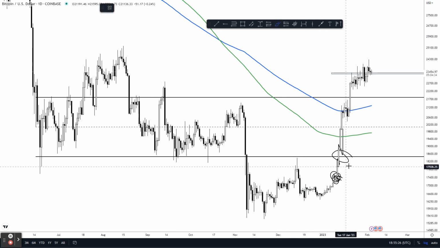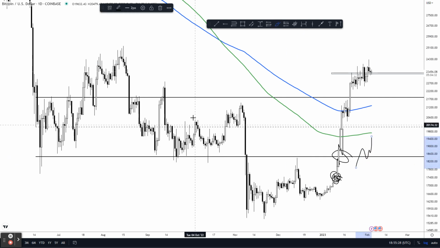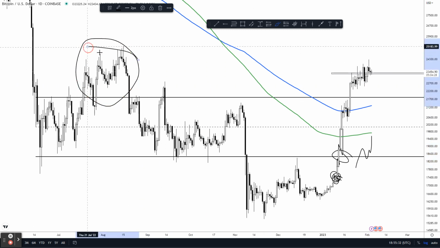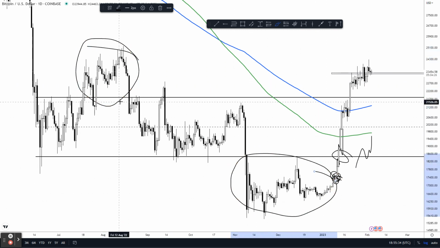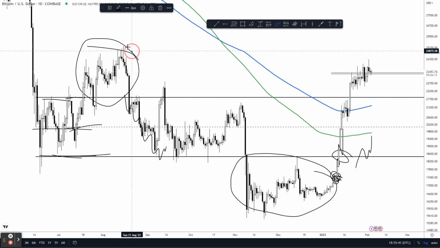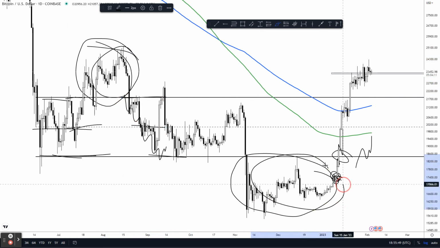What happens when we reclaim this zone? If you know anything about range trading, when you deviate toward either side of the range, you would typically expect the opposite side of the range again, or range resumption: range highs, mid-range, range lows, mid-range, range highs. When you deviate, you anticipate range highs, mid-range, range lows; or look, that's a deviation, range lows, mid-range, range highs.